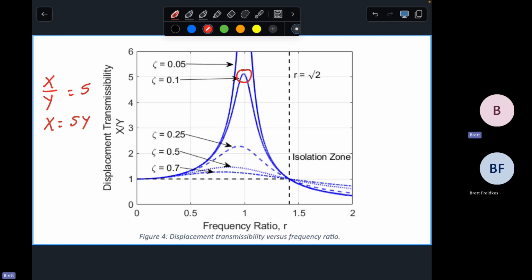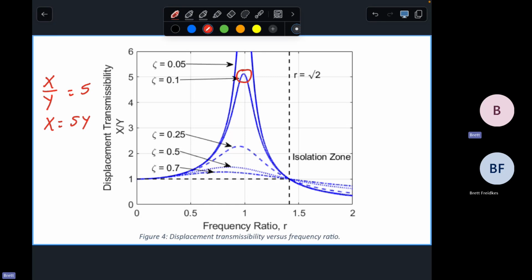We also talked about this very specific location where, no matter the damping, there will be a ratio of 1, x over y, meaning that when the base moves up by 4, the mass will move up by 4. It ends up being exactly equal.